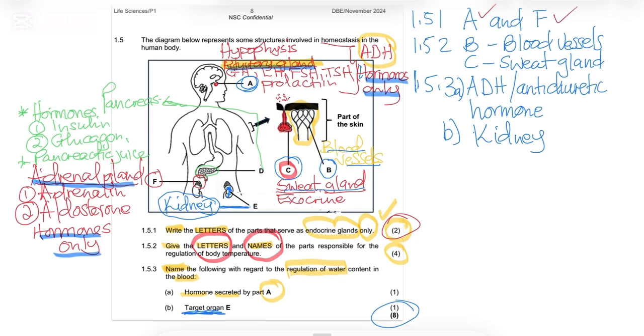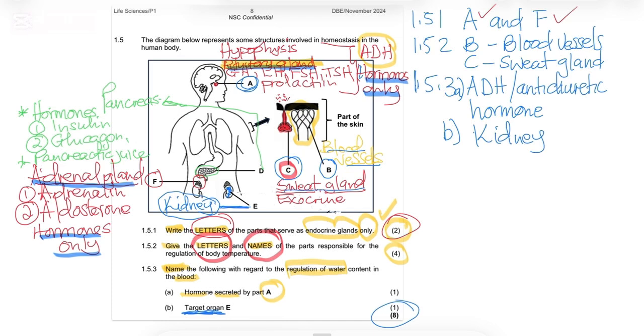So the first mark is there, the second one is there. They're asking for letters. If you write names, if you say for A there, instead of writing A, you say pituitary gland, you won't get the mark. For F, if you say adrenal gland, you also won't get the mark because the examiner was looking for letters.